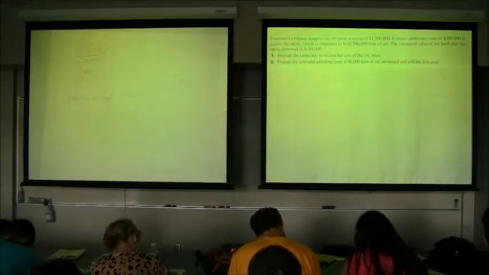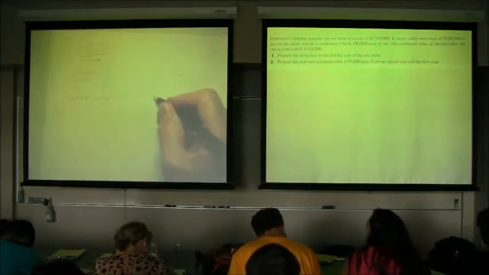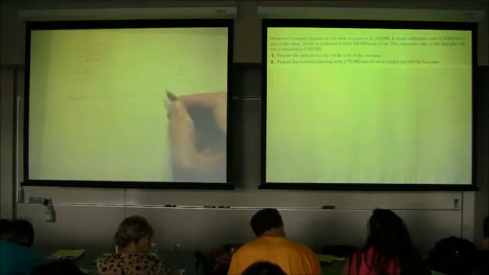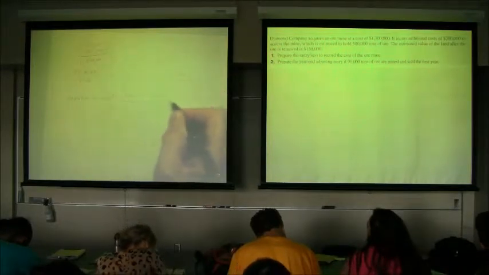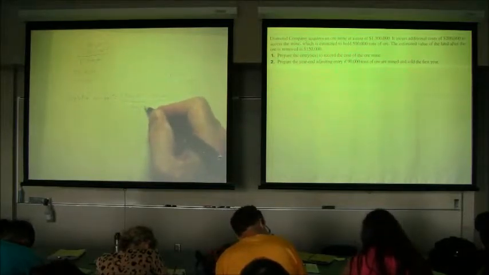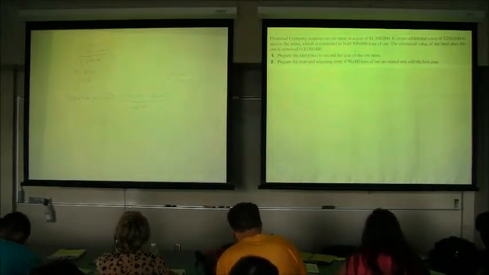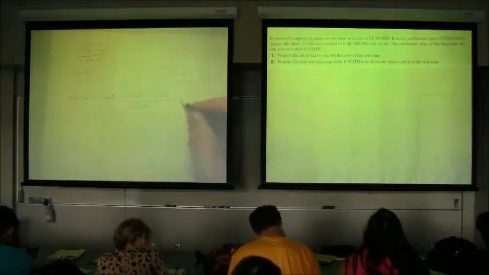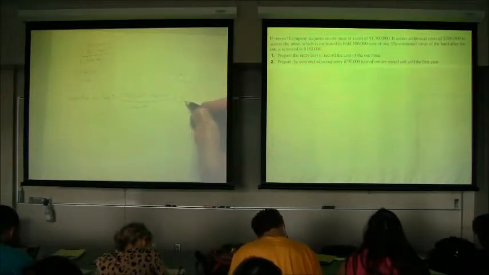The cost is $1,500,000. The salvage value is $150,000. The difference, of course, will be the depreciable cost. And they expect to mine 500,000 tons. So every time they extract a ton of ore, it's $2.70.